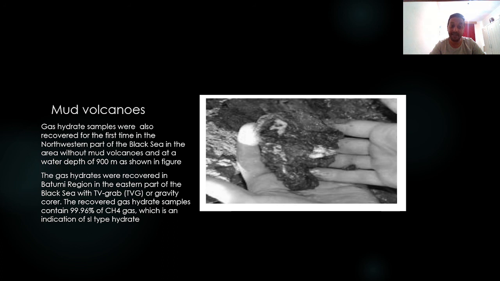The recovered gas hydrate samples contain 99.96, almost 100 percent, methane gas. This is a very important clue and of high value. It explains that in that area we can get a high amount of gas hydrate.